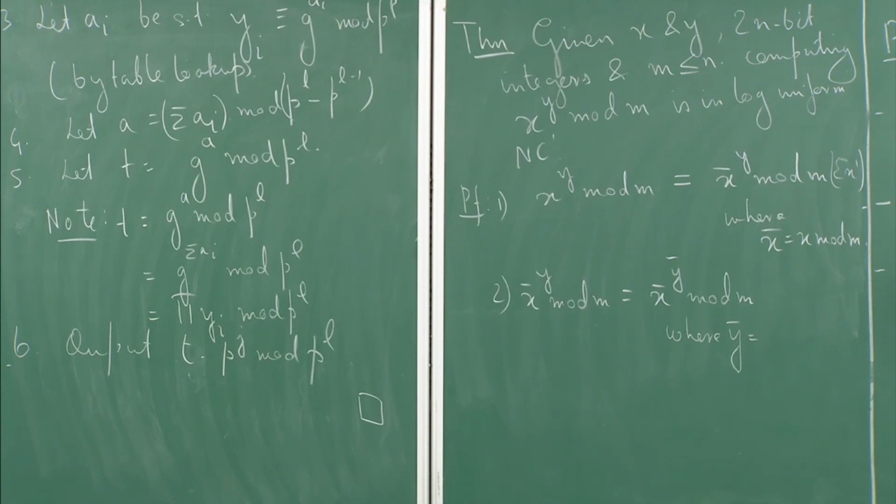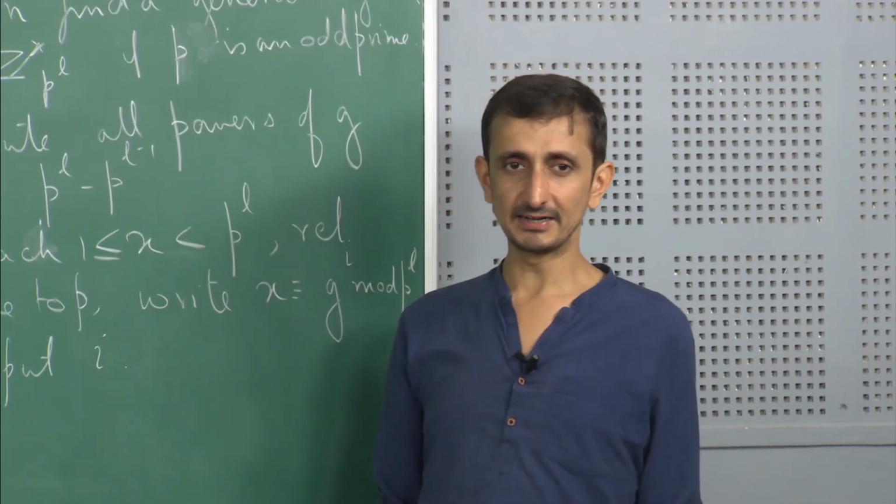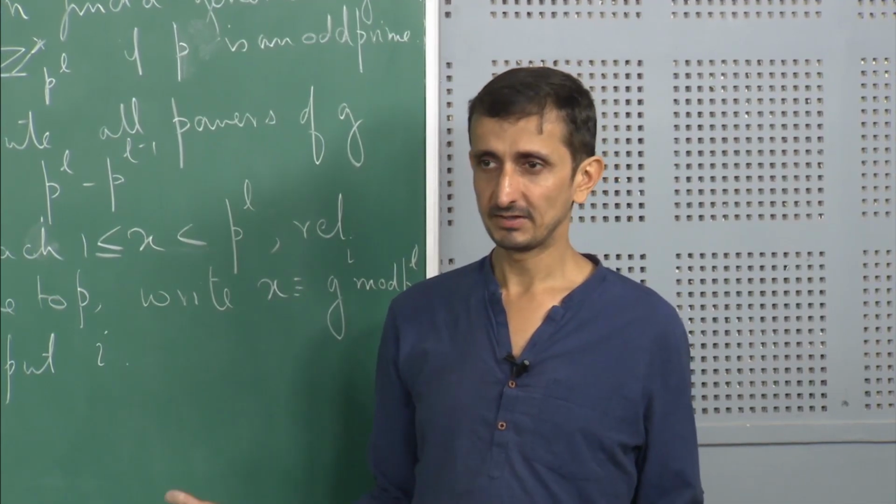Exactly. So it will be the size of that multiplicative group mod m. The size of that multiplicative group, well, we haven't seen the size, it is basically all the numbers that are co-prime to m, right?